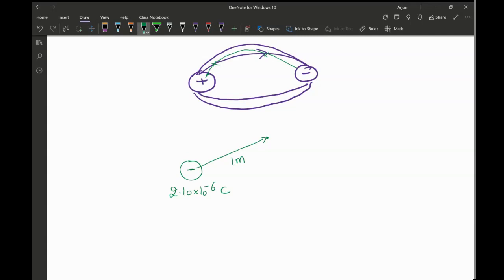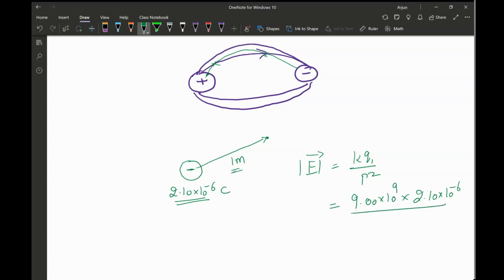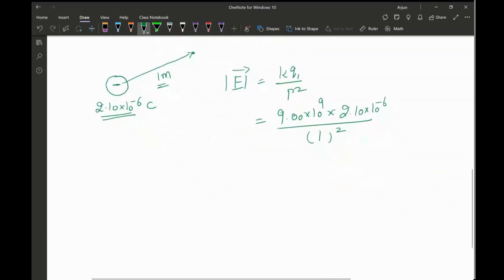I'll use the formula electric field equals KQ1 divided by R square, and the K value is the same as previous, 9.00 times 10 raised to the power 9, multiplied by the charge amount, 2.10 times 10 raised to the power negative 6, and the distance is 1 meter. So I will place 1 and then square it, and whatever the multiplication of these numbers will be, that will be the electric field value you get.